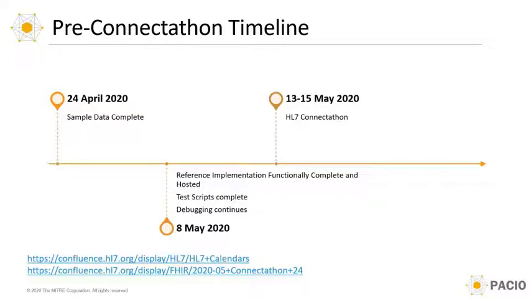Most of the work for a Connectathon actually occurs before the Connectathon, so we're looking, when we get there, to be as prepared as possible to make as much progress as possible.